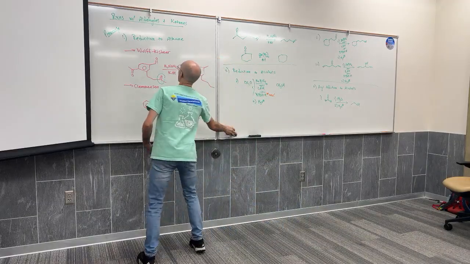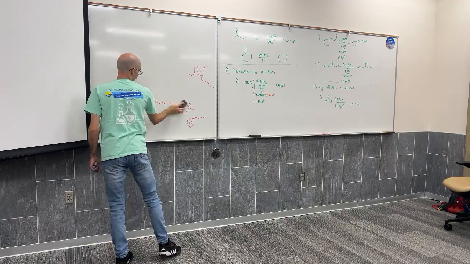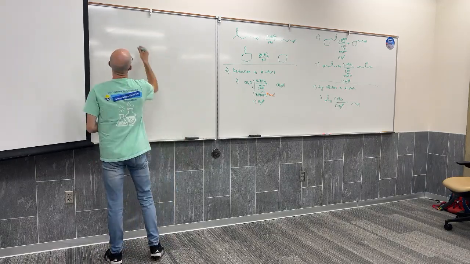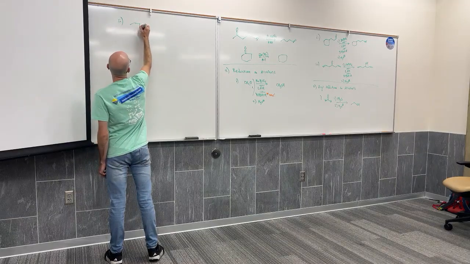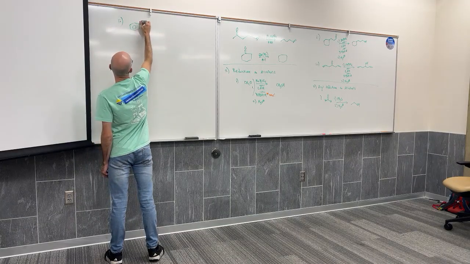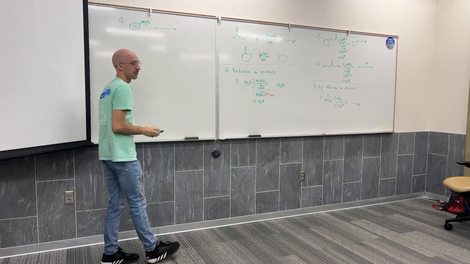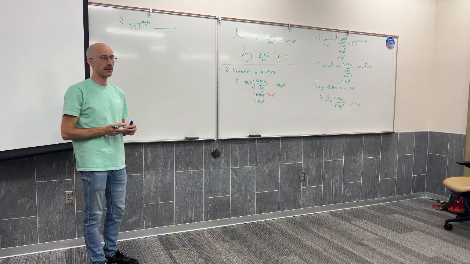We can get a primary alcohol. If we take an aldehyde, and I'm going to revisit the fact that we can really swap where the carbonyl and where the organometallics show up.